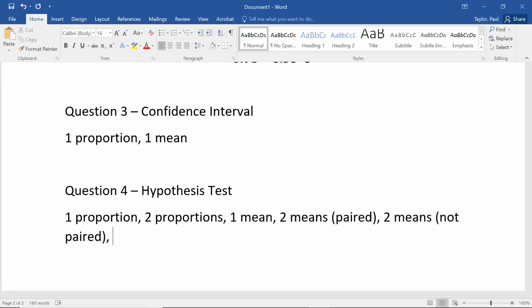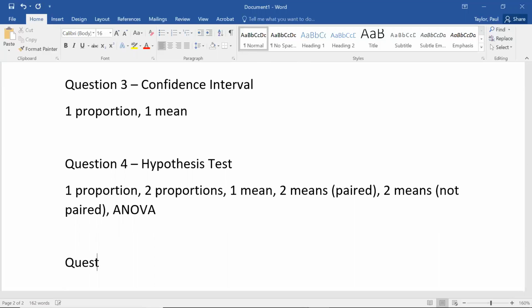And then there was the ANOVA test where you could compare means among more than two groups. We had lots of hypothesis tests, so you're going to get one of these randomly chosen from the 3 questions I wrote for question number 4.